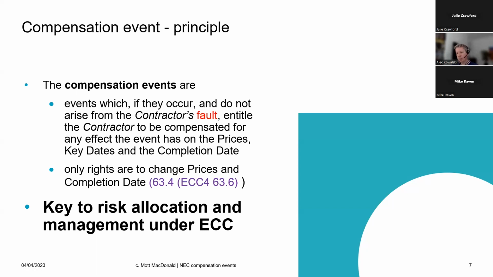So generally speaking, the only way that we alter the prices and the dates is through the implementation of compensation events. If you are doing any other project management courses, things like Six Sigma, PRINCE2, APM, these sorts of things, they have their own methods of change control. And that's what we're talking about here, change control.